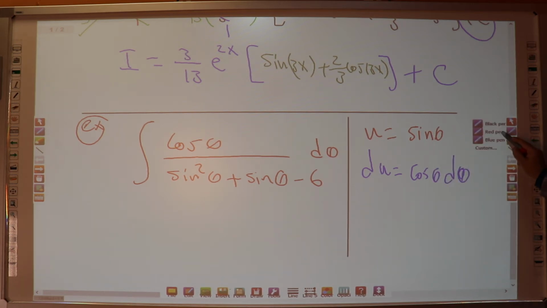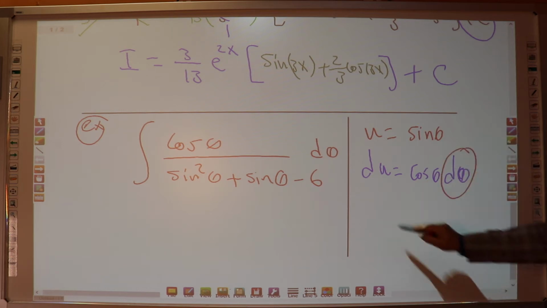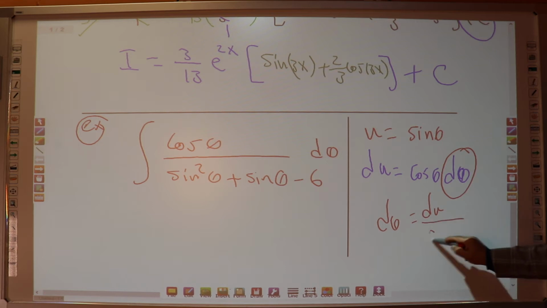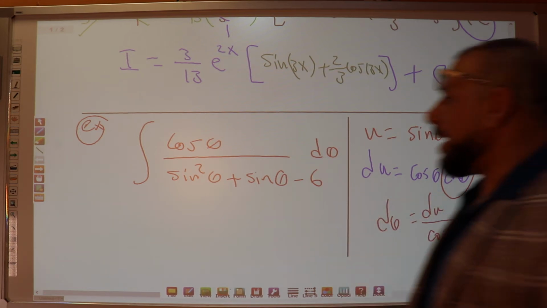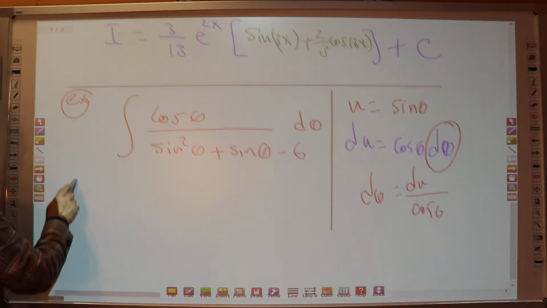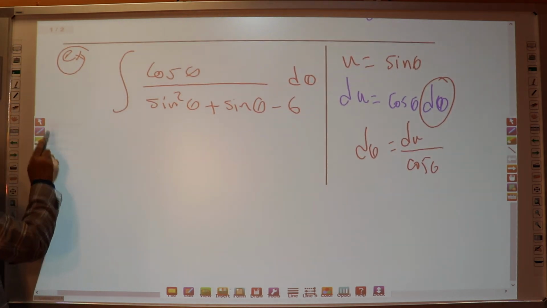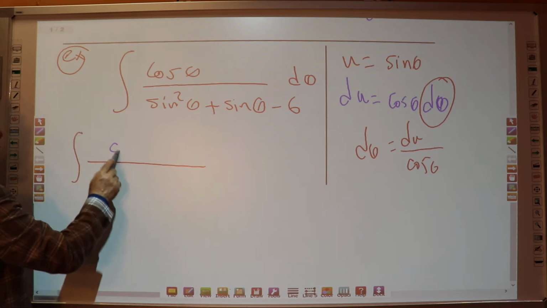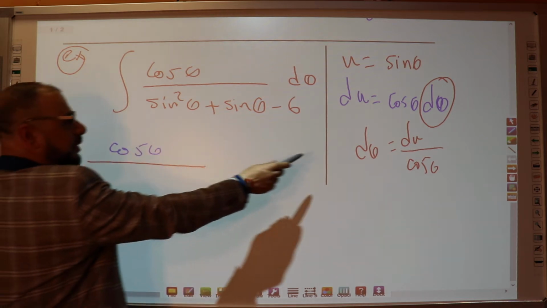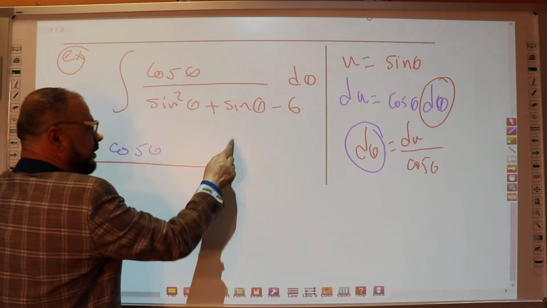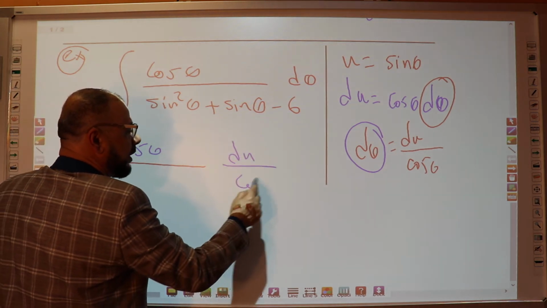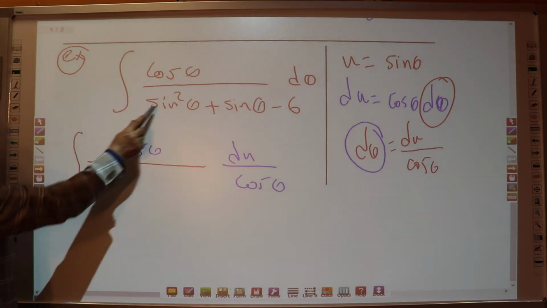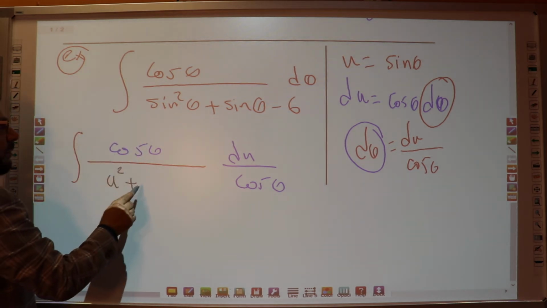Solve for d theta, d theta equal du over cosine theta. Bring everything back here. Integration cosine theta and d theta here equal du over cosine theta, and my guys in the bottom, it's u squared plus u minus 6.